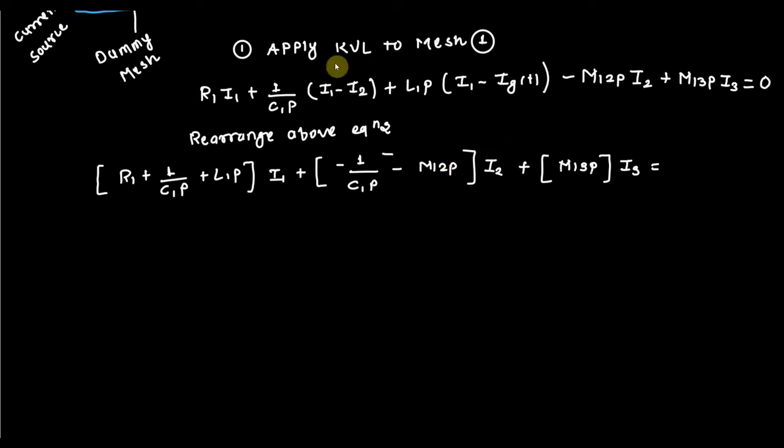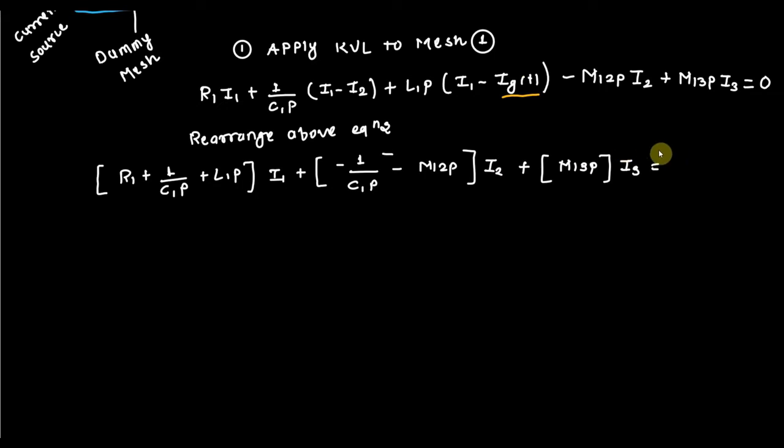Now we have collected the I1, I2, I3 terms. But you can see that there is one more term, that is Ig of t. Ig of t is definitely different from I1, I2, I3, because this is the current in the dummy mesh. And what is that term? Minus L1P Ig of t.